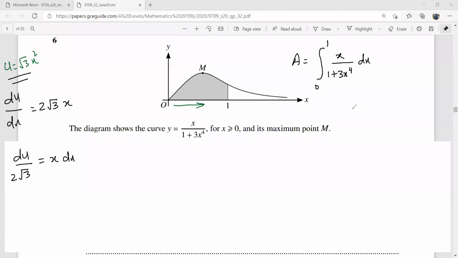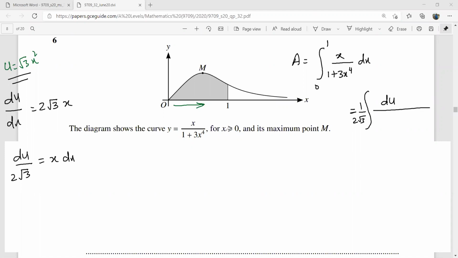So this will help me change this. I will have simply 1 over 2 under root 3 out here, and I'm writing du here for x dx.